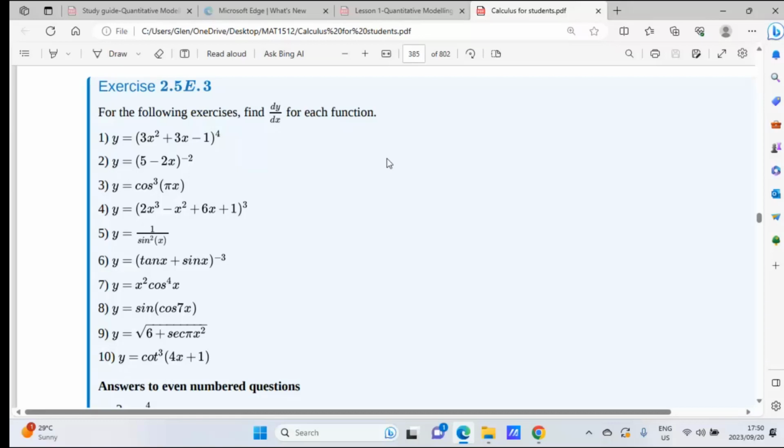In the question, you have cot cubed bracket 4x plus 1. So we basically use the chain rule because the cube applies to everything. It applies to cot bracket 4x plus 1 bracket, then all bracket cubed.